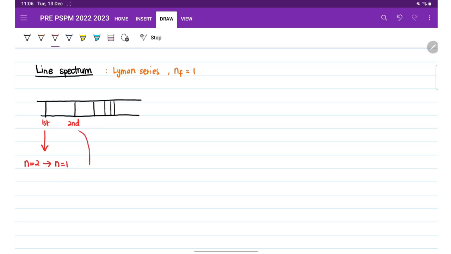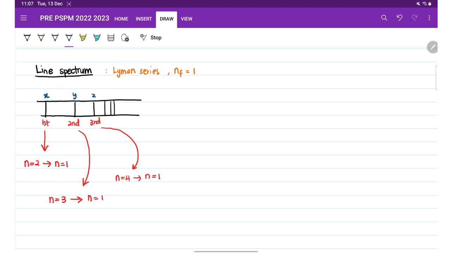So bila kita cerita tentang second transition, again, dia akan pergi kepada n equals to 1 because this is the ground state for our Lyman series. So bila second transition, it will be from n equals to 3. Dan dia akan berterusan lah. So kalau kita ada third transition dekat sini, dia akan jadi daripada n equals to 4 kepada n equals to 1. Okay, so katakan dekat sini saya gunakan these three lines, saya labelkan sebagai X, Y dan Z.